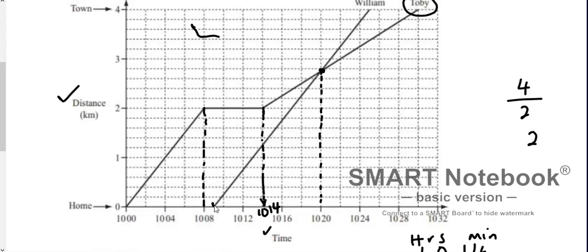William started at this time, which is between 10:08 and 10:10. So William started at 10:09 and ended here. What time was this? This time was 10:25, because this is 10:26, so 10:25. So take the difference.